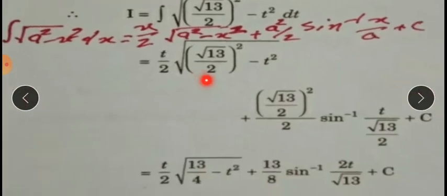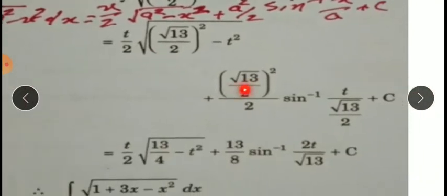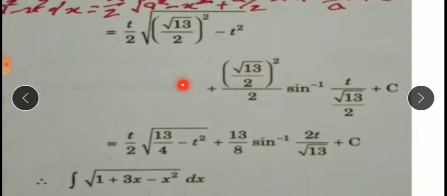Using this formula, we can write: x by 2 means t by 2, root a square minus x square means root of 13 by 2 whole square minus t square, plus a square by 2 sin inverse x upon a. Here it is a square by 2 sin inverse t upon a, plus constant of integration.